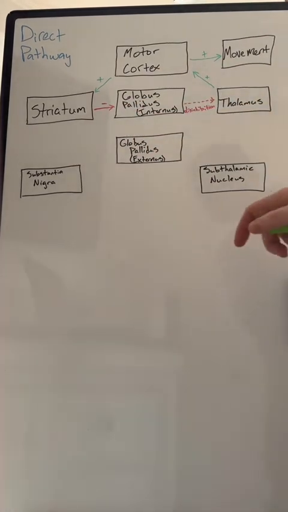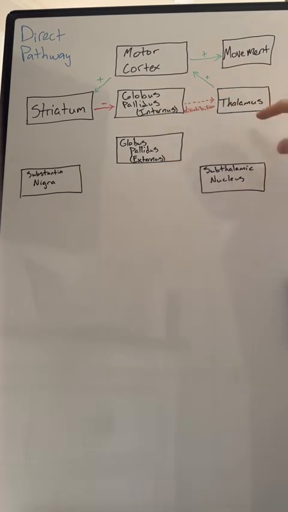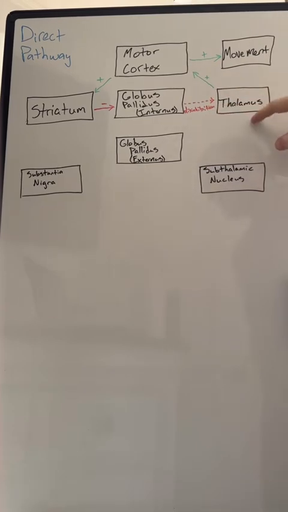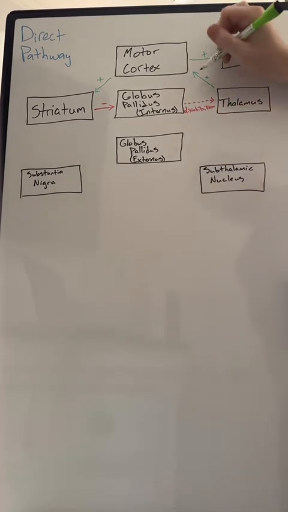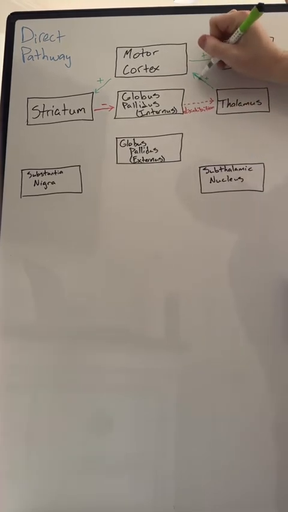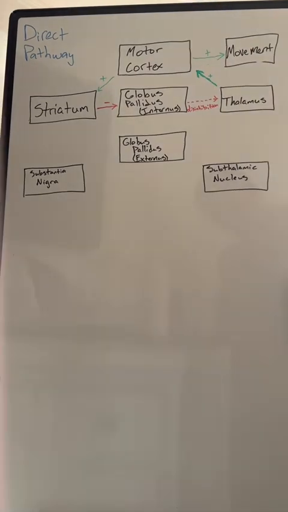So the inhibition of the globus pallidus internus release of GABA leads to what we call disinhibition of the thalamus and results in increased motor activity, because when this inhibits the thalamus less, we get greater excitatory signals sent to the motor cortex.